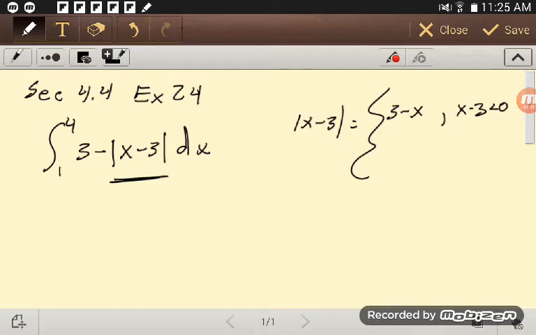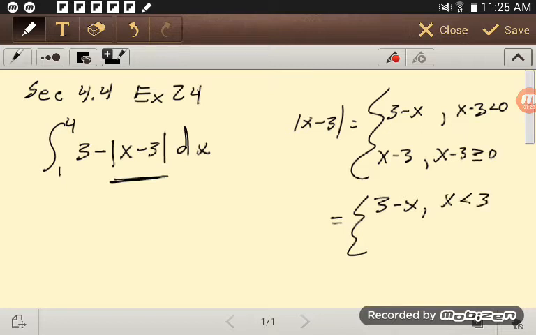So we'll have to decide what that means. And then x minus 3 when x minus 3 is greater than or equal to 0. Okay, so, well, that's up here. We have the 3 minus x when x is less than 3, and x minus 3 when x is greater than or equal to 3.